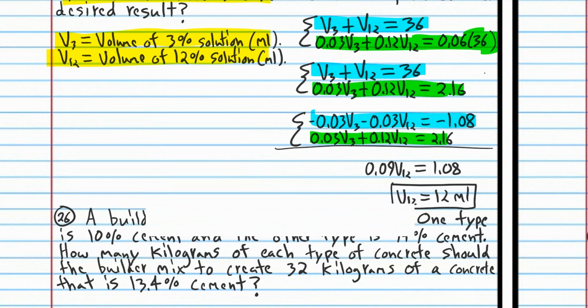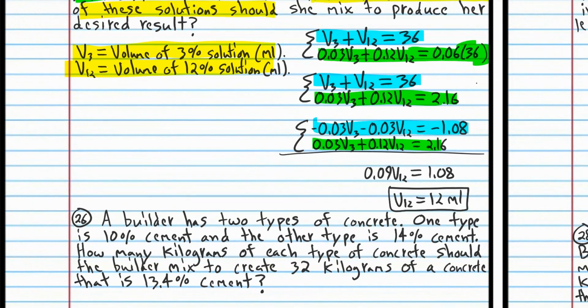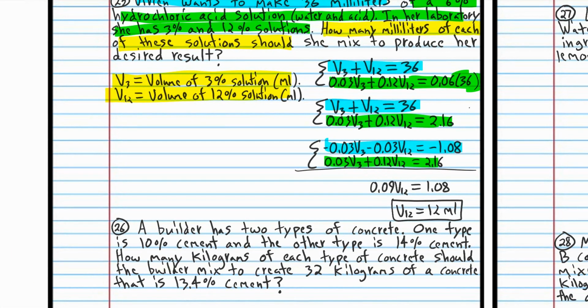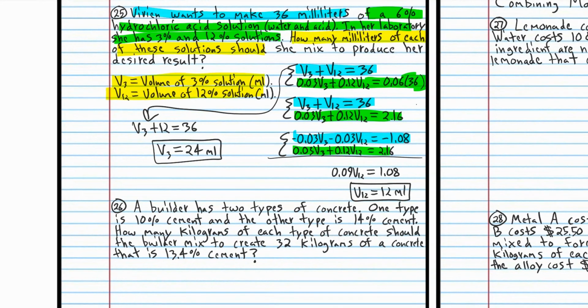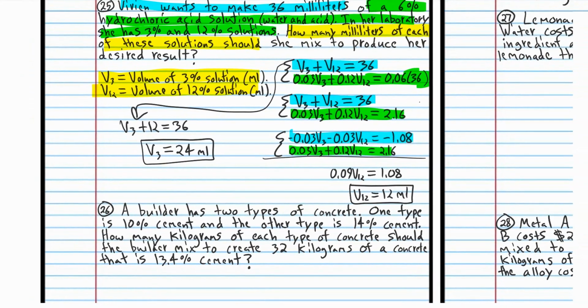That's just a coincidence that it ended up being the same percentage. And then we can use this blue equation and plug in 12 for V12. We didn't do this in the last problem because the last two problems we just didn't have enough room. So obviously V3 is equal to 24 milliliters. So if you got those answers, good job.